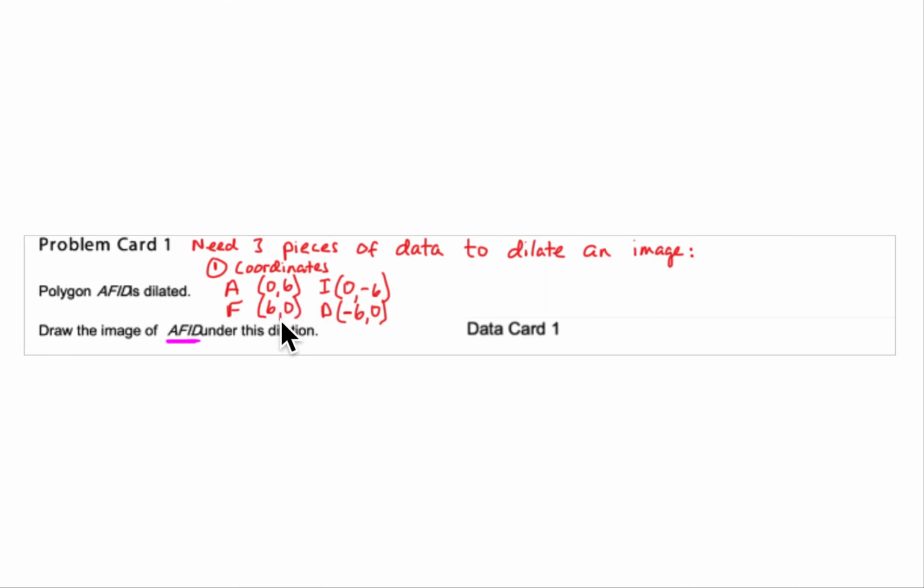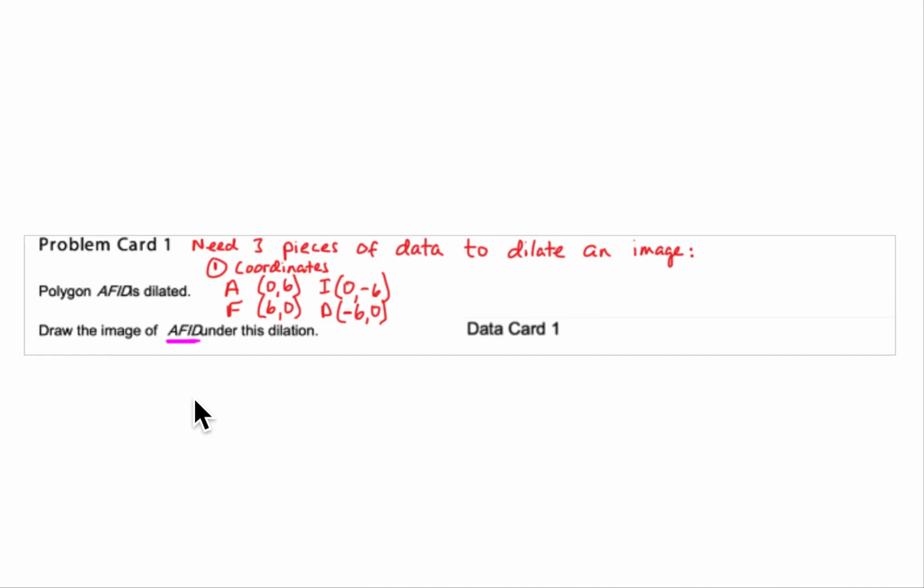So the coordinates are A is at 0, 6, I is at 0, -6. So that's 0 on the x-axis, so it's not moving away from the y-axis, and that's 6 up or 6 down along the y-axis. And F and D are 6, 0 or -6, 0. So those are along the x-axis. They're not moving up and down at all.